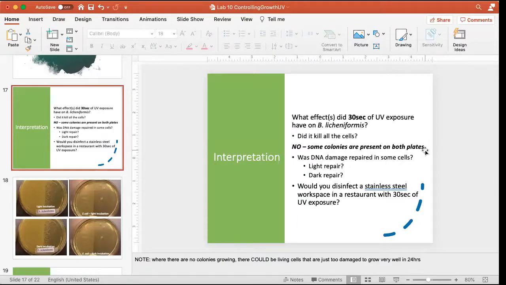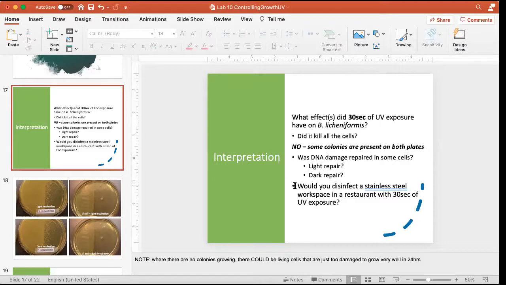In fact, they looked almost identical. I saw a lot of colonies, didn't I, on that plate? I'll show you a picture of it again in a minute. So was DNA damage repaired in some of these cells? Yeah. Both the light system was working and the dark system was working, because again, both plates looked pretty similar.